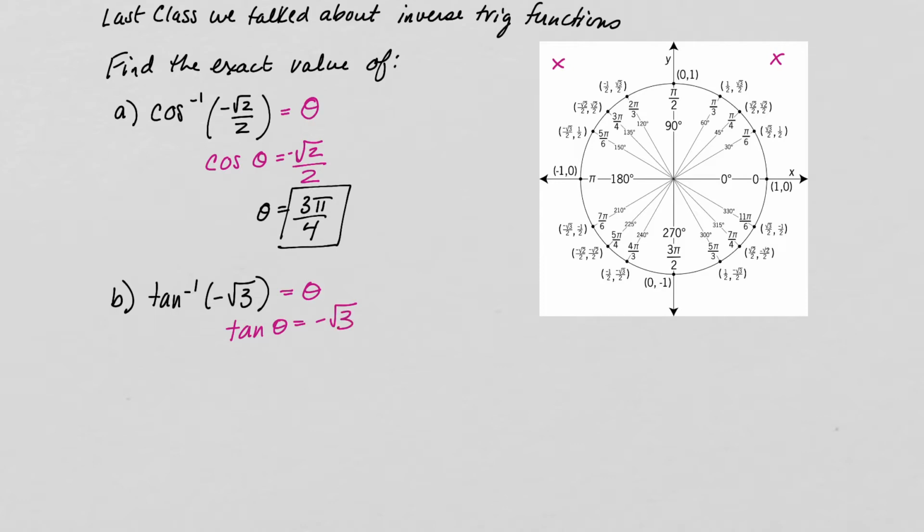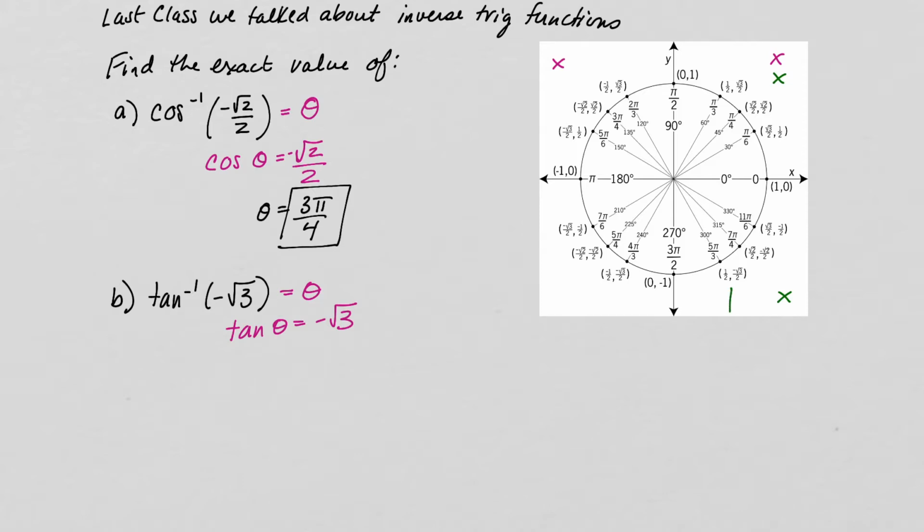Remember, when we're dealing with inverse tangent or inverse sine, we're dealing in the first and the fourth quadrant. The first thing I'm looking for is when is the tangent equal to minus square root of 3. So remember, tangent is going to be y over x.